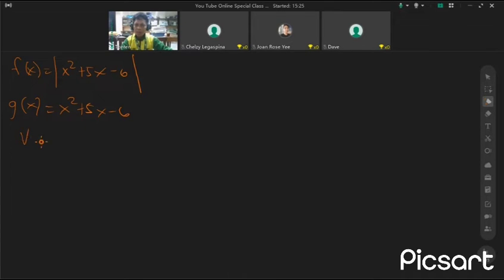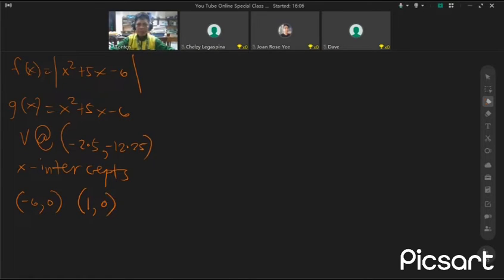Then we obtain the vertex at negative 2.5 and negative 12.25. And our x-intercepts are at negative 6 and 0, and 1 and 0. We have this.